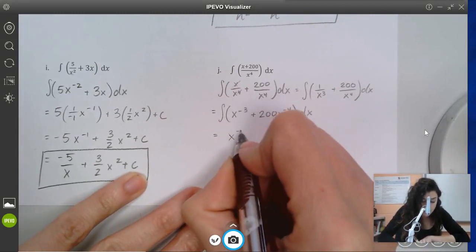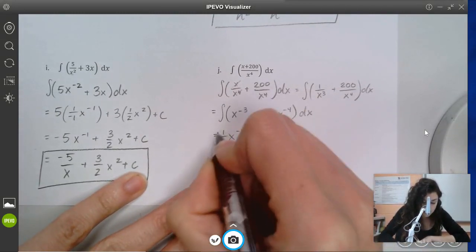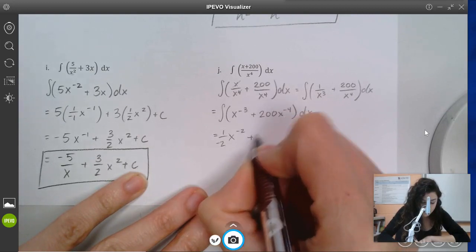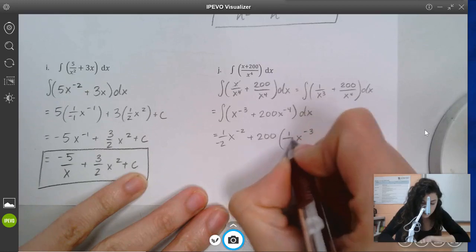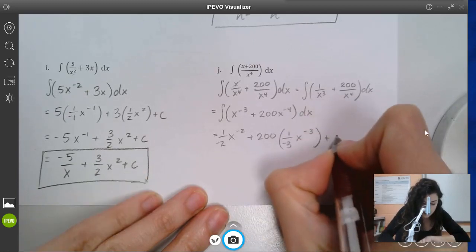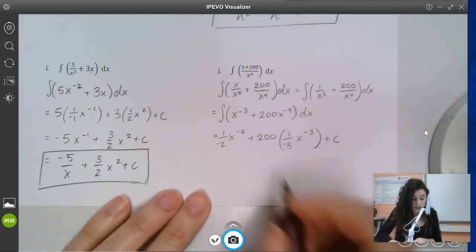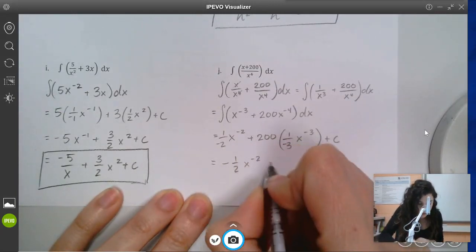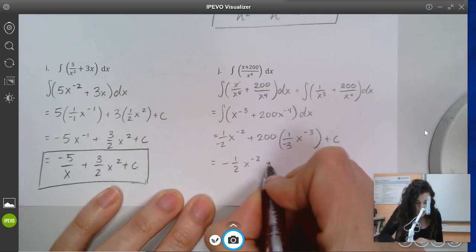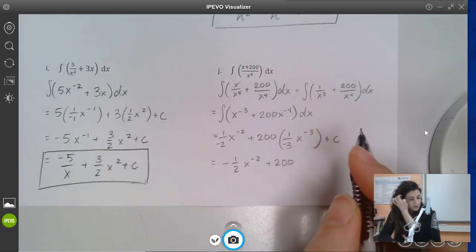Adding 1 to my exponent and then dividing by that guy, and then plus c. So this becomes -1/2 x to the -2 plus 200.